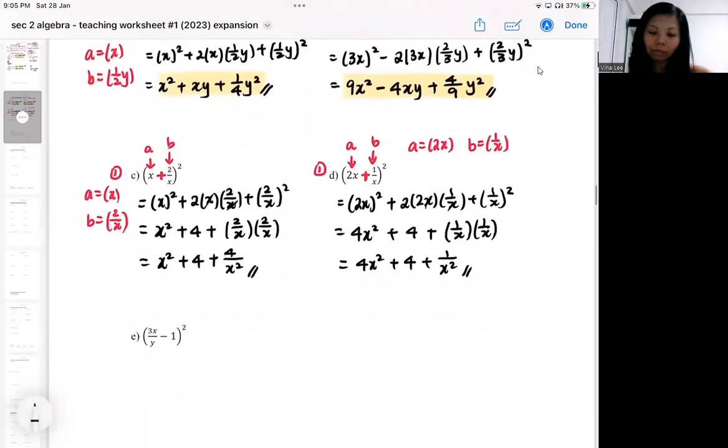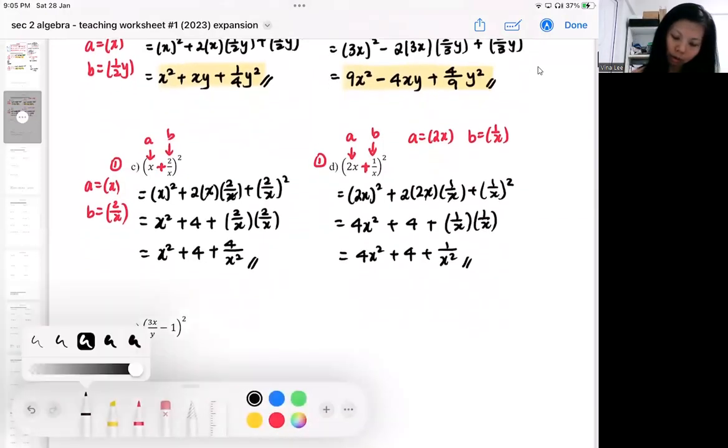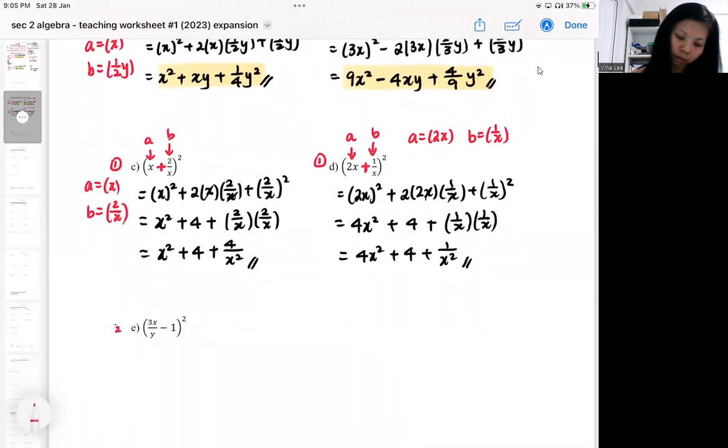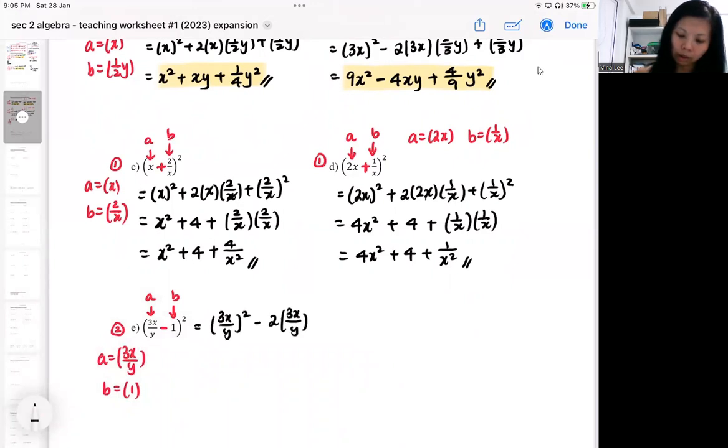Okay, the last one. The last one looks like formula 2. It's a subtraction. So this is A and then this is B. A is equal to a fraction. B is equal to a number. You still need to bracket it. So formula number 2: A squared minus 2AB plus B squared.